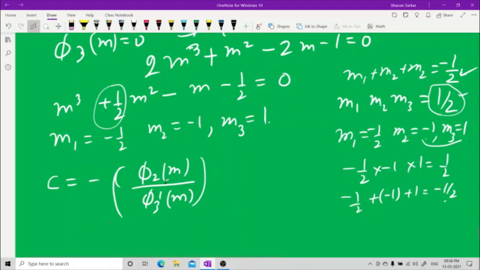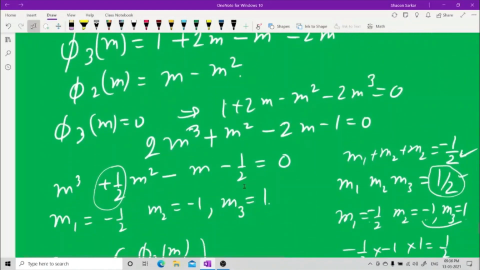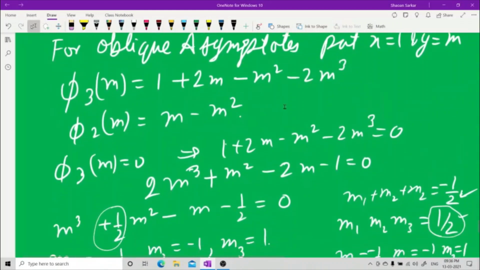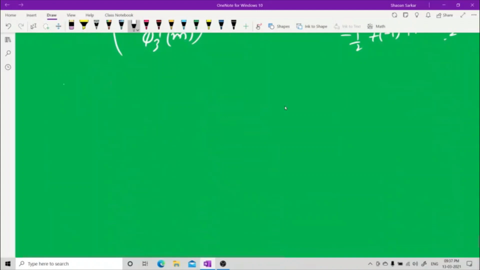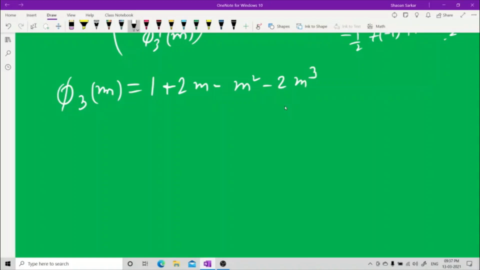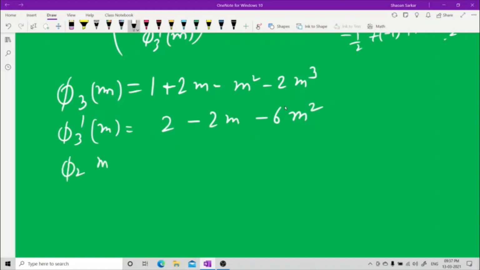This is the way you will find C. Now phi 3m is 1 plus 2m minus m square minus 2m cube, and phi 3 dash m is 2 minus 2m minus 6m square. Now phi 2m is m minus m square.